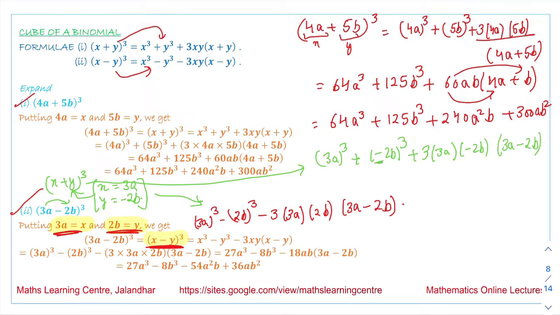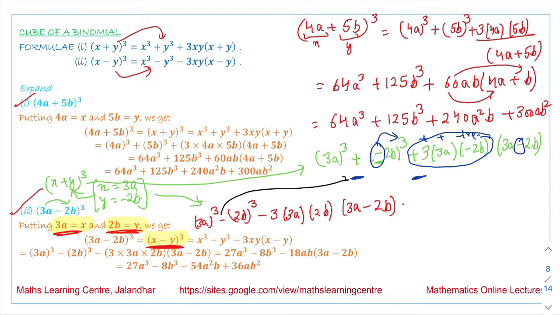Now this is a minus sign over here. At this point it is a minus sign and cube is there, so the final answer will be negative. In this term it is positive and negative, so the final answer will be negative, and this negative sign is already there. So what we see is this is the negative sign, this is the negative sign, and this is the negative sign.